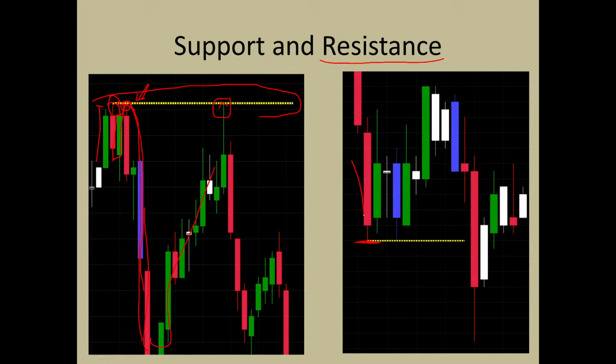Price came down to it, and people said, no, I'm not going to sell it for a penny less. So it got bought back up. Then people tried to sell it down again, a second time. If we take what we learned over here, we could say it didn't break it. This could be a good long opportunity, and there it goes.